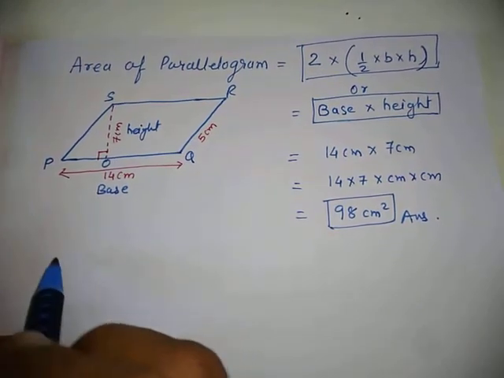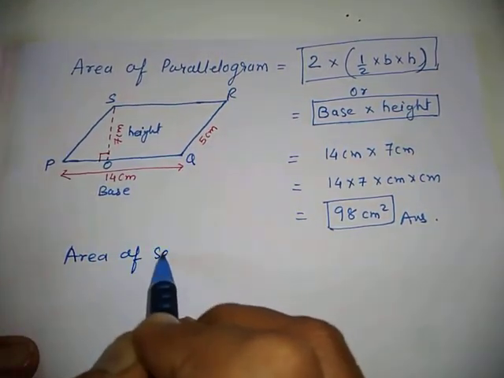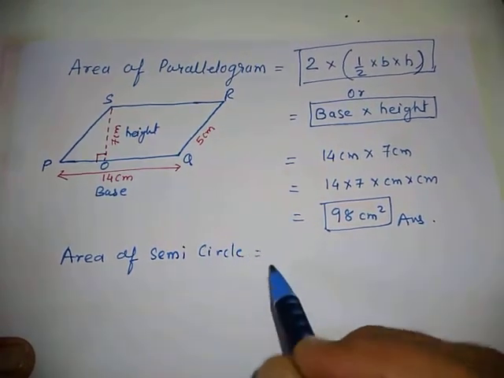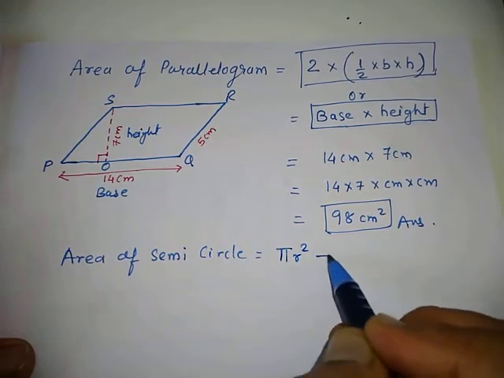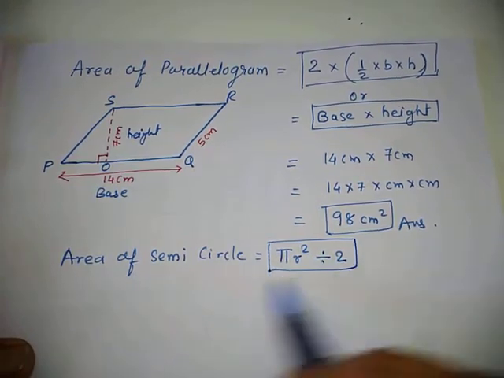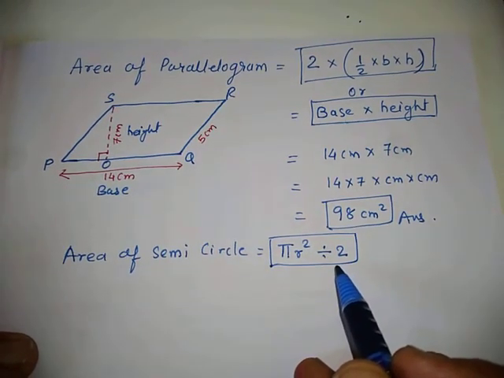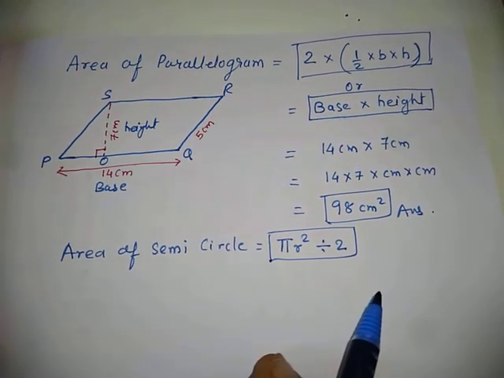Semicircle means the area of the circle divided by 2. Clear? Then you will get the area of semicircle. Clear, friends? So that way we can proceed and get the idea.